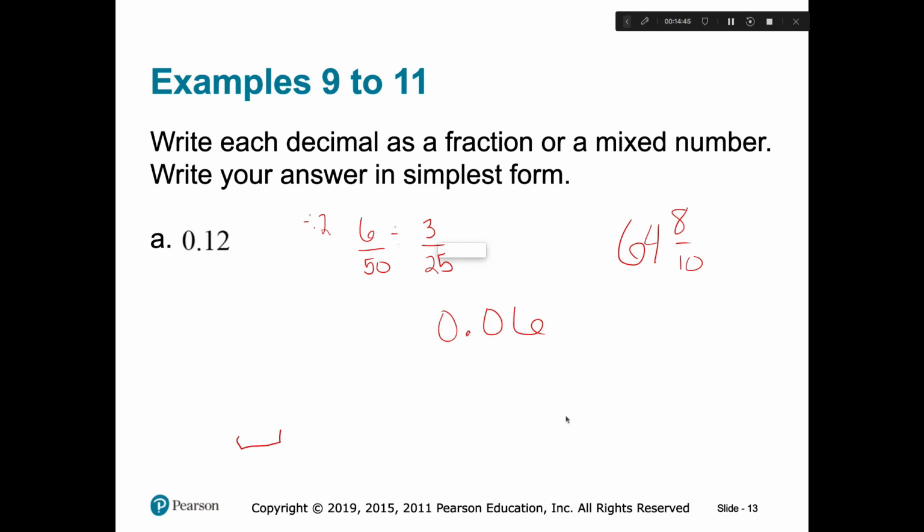Negative 124 and 52 hundredths. Decimal what? Just 52? No zeros in that one. They're in this first column here. 829 10,000ths.